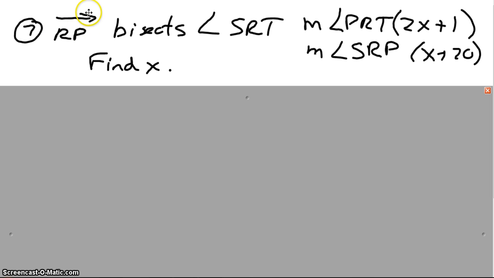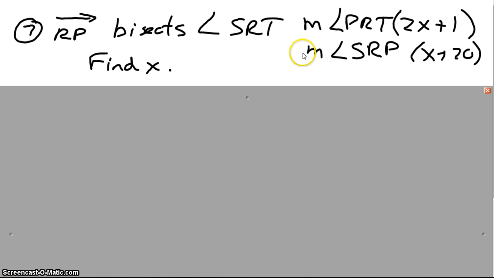So this symbol says what? What does that little arrow say? It does not say line. If it was line, you would have arrows on both ends. It says ray, good job, ray RP bisects, what is this? Angle SRT. And then it says the measure of angle PRT is 2x plus 1.